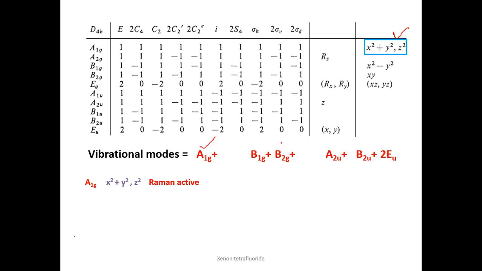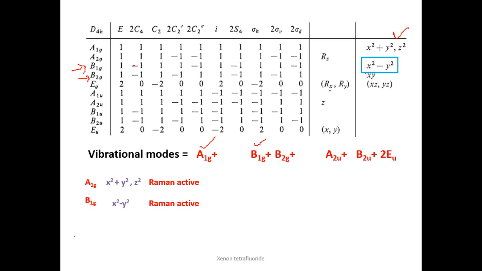We have finished A1G. Now you go to the B1G, and against B1G what do you find? That is what we have to see. Against B1G we find x square minus y square, which is once again a quadratic term, and so this is Raman active. Next, after B1G we have to come to B2G, and against B2G what do you find?